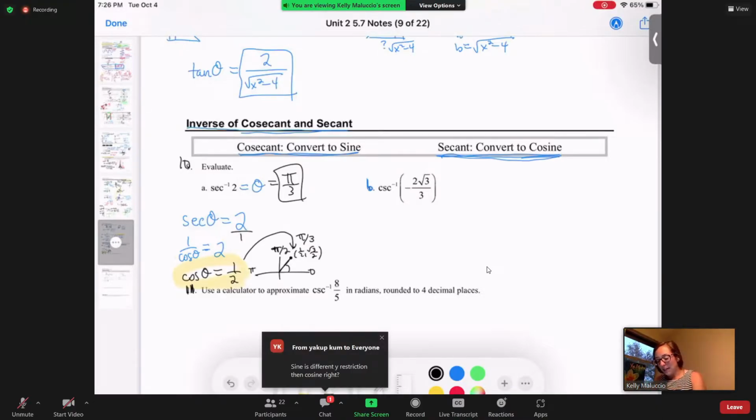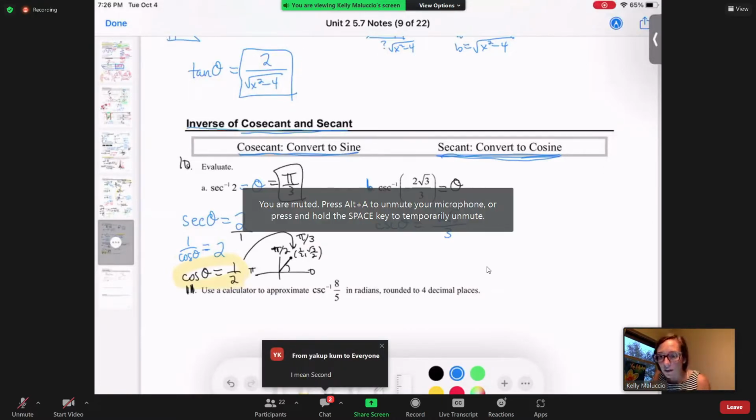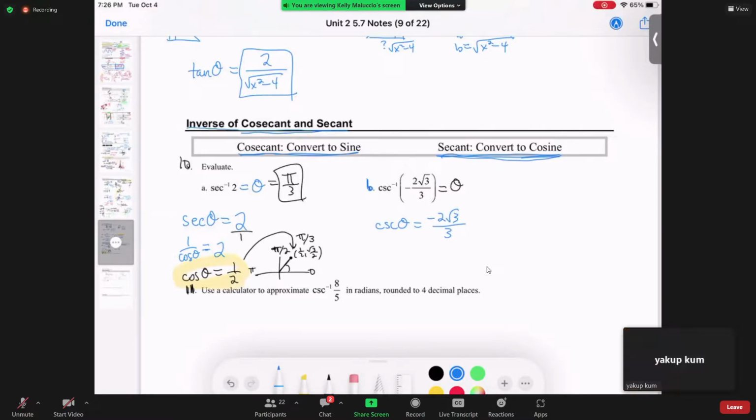And then for this next piece, let's let this equal theta. So I would get cosecant theta is -2√3/3. Okay, this seems complicated, but it's not going to be, promise. Oh, sine is a different y restriction than cosine, right? Oh, yes, yes. So sine is like -π/2 to π/2. Sorry, not sine, it's secant.